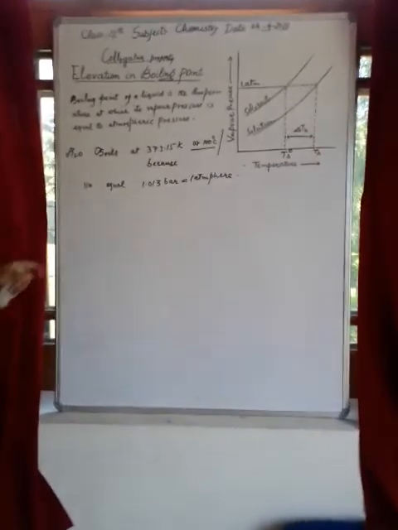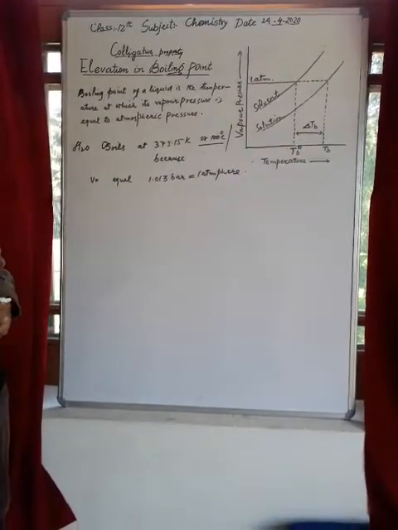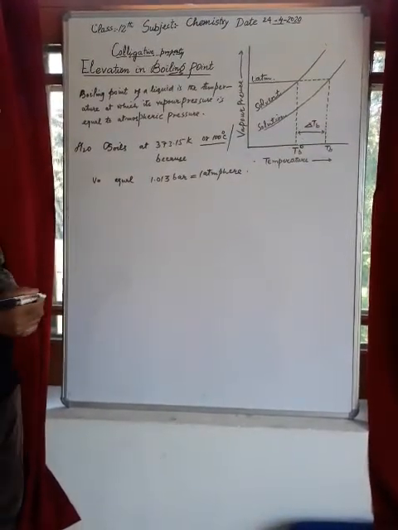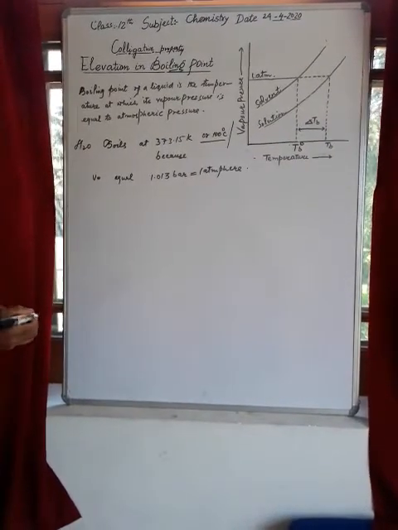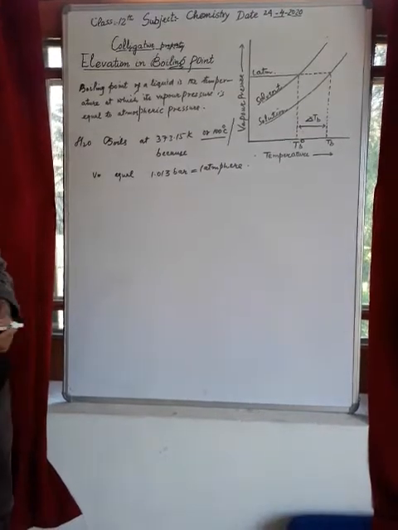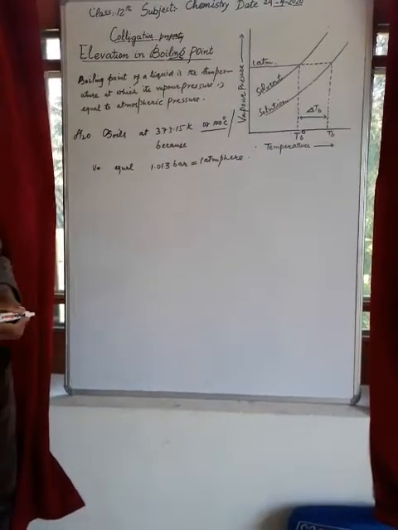If we take, for example, an aqueous solution of starch, starch is a non-volatile solute. We will dissolve starch in water and form its aqueous solution.